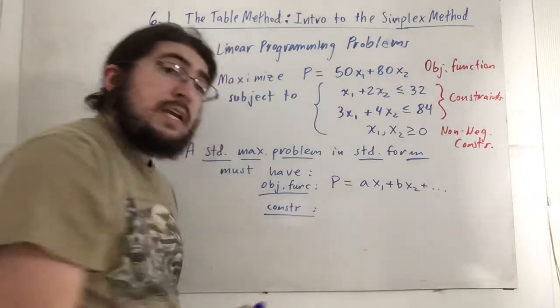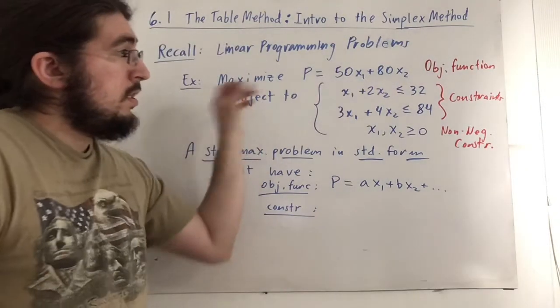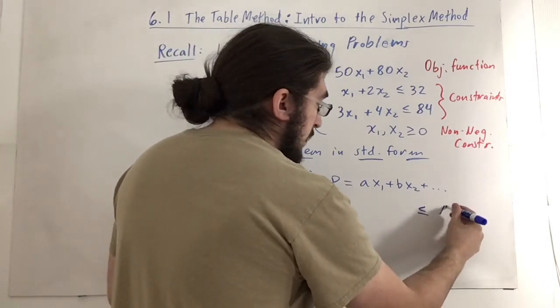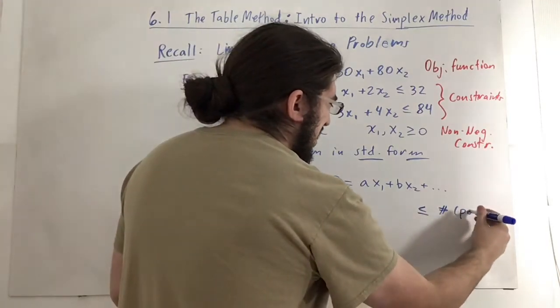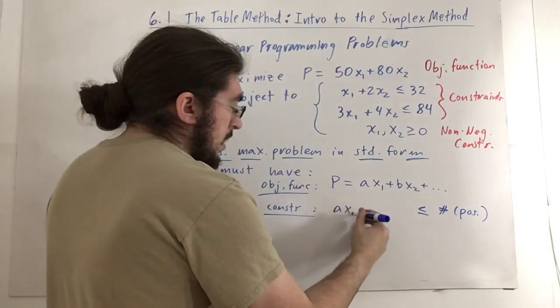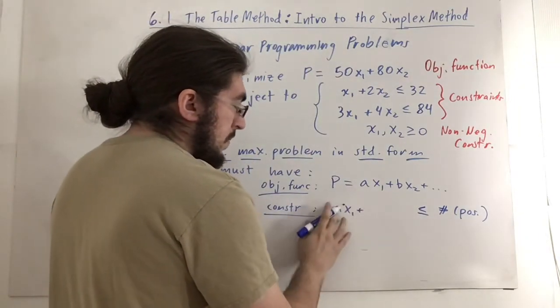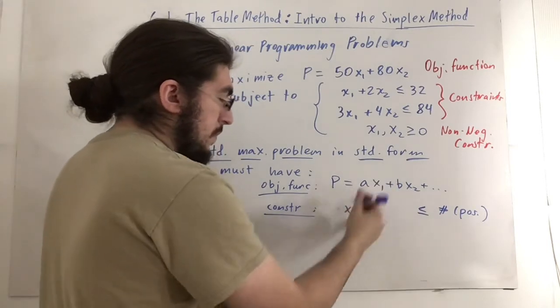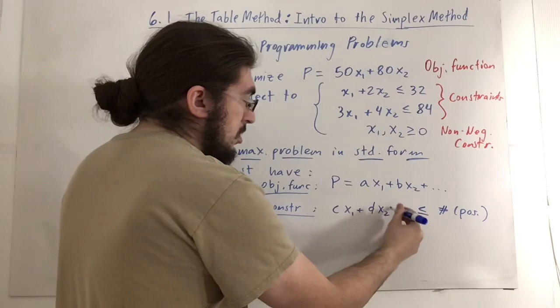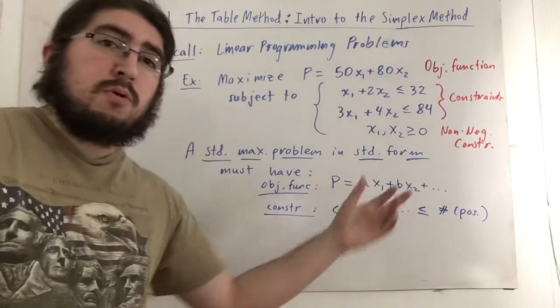Now as far as our constraints go, they have to be of this form. So the constraints have to be of the form less than a positive number. So it can be something times x1 plus something. I don't want to use a and b because I already use a and b here. Let's just say cx1 plus dx2 plus dot dot dot, because again there could be more than one.